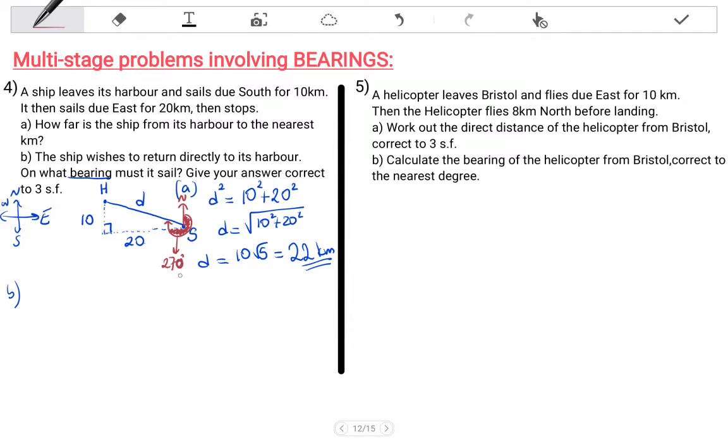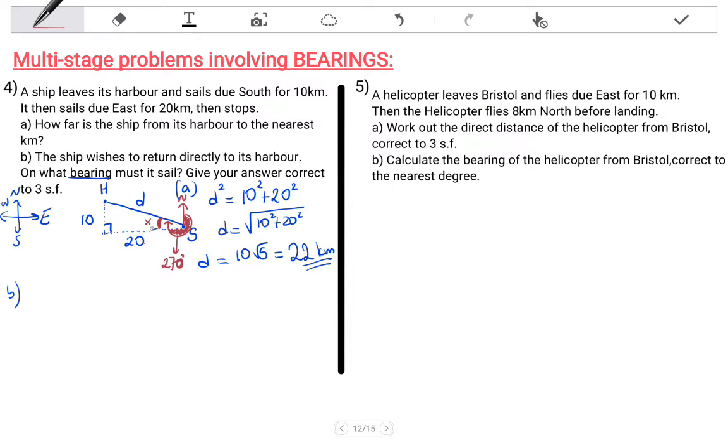But this is not the answer, it's not enough. We have a small piece left in the right angle triangle. I will call this X. If I can find this value X, I'm going to add this to 270 degrees to have the answer of part B.